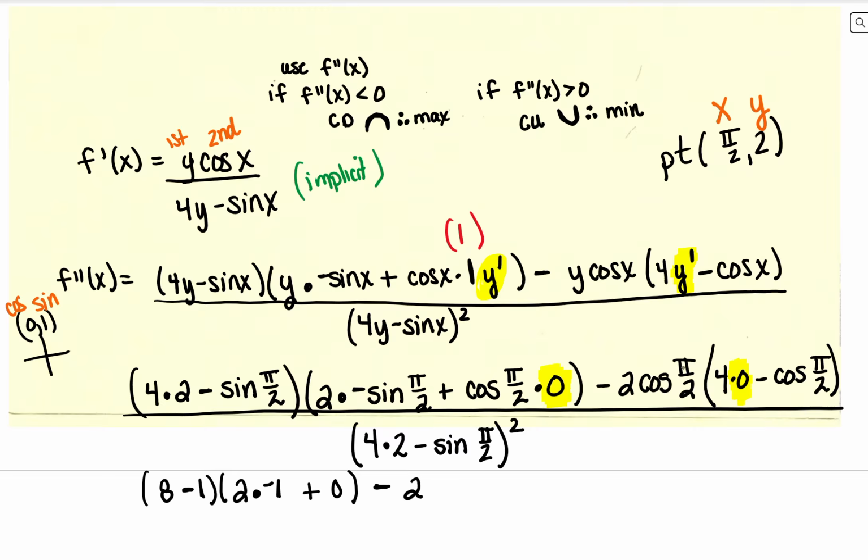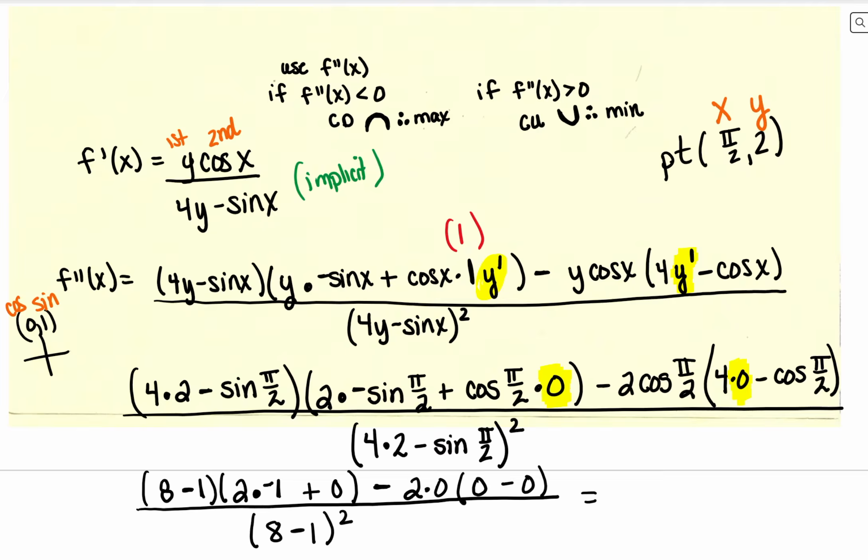The cosine of pi over 2 is 0. And then that's just going to be 0 minus the cosine of pi over 2, which is 0. All over 4 times 2 is 8, minus the sine is 1 squared.